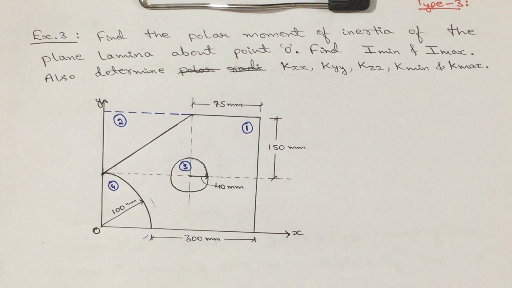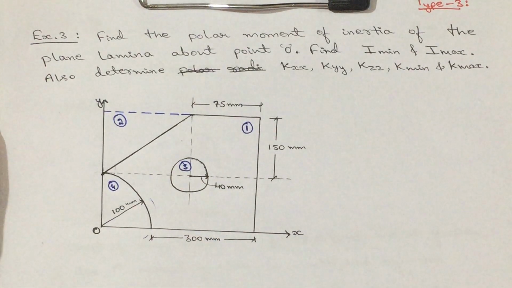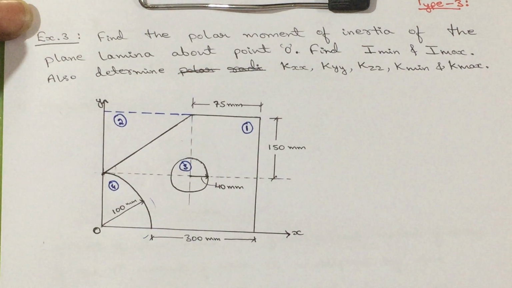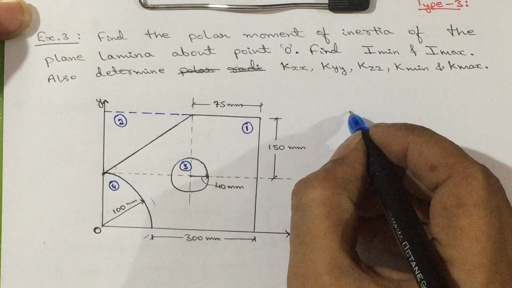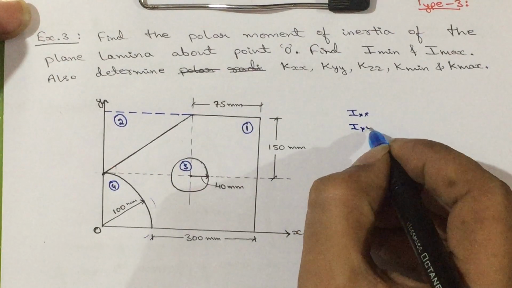So, what we need to calculate here? We need to calculate polar moment of inertia, that is Izz. If you want to get Izz, I need to calculate Ixx, Iyy. Finally, we need to calculate Ixx, Iyy.